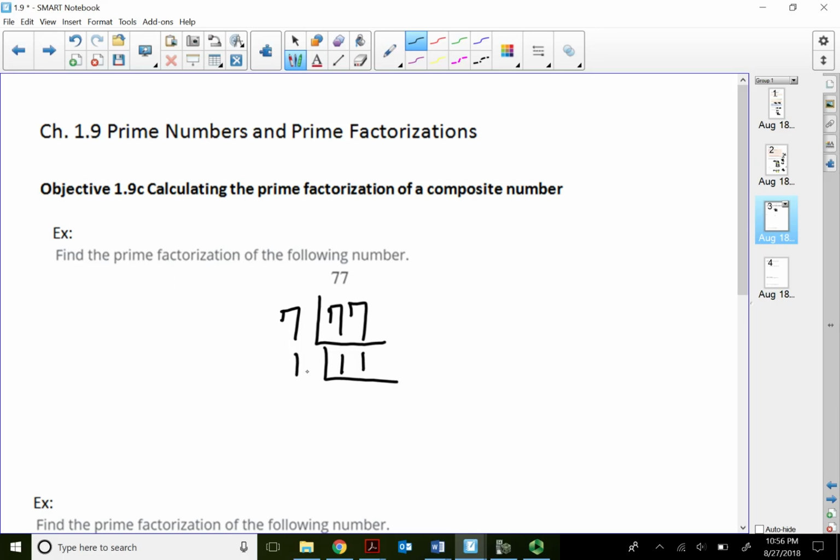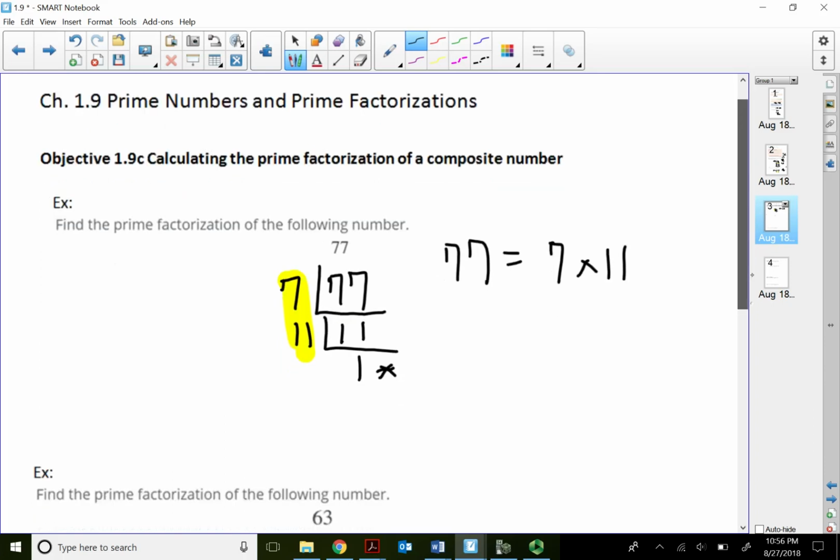Only 11 can go into 11 one time. When you see this 1 at the bottom, that's how you know you need to stop. All the numbers on the left-hand side are the prime numbers that make up 77. So the prime numbers that make up 77 are 7 times 11. Okay, this is exactly one prime factorization.